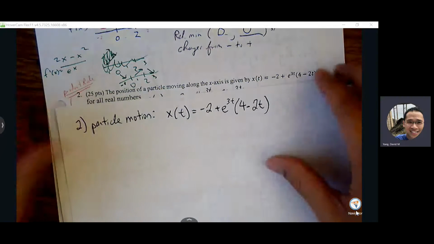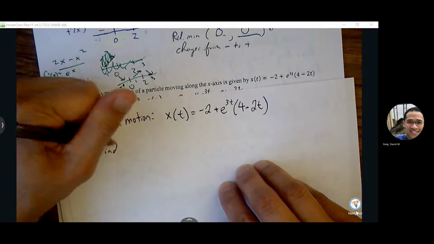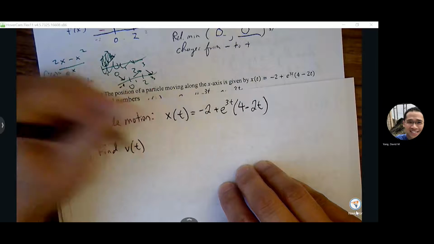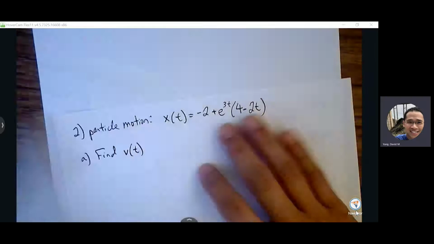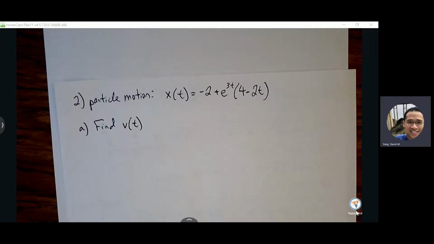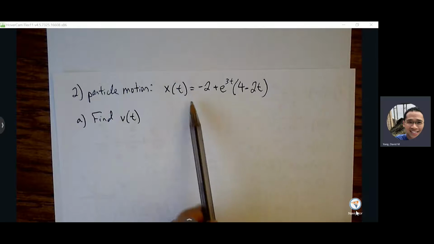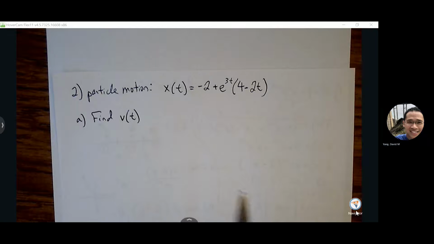So part A says find the velocity function. Take a look at how this is set up. What method is involved here if we want to find the derivative to get from position to velocity?